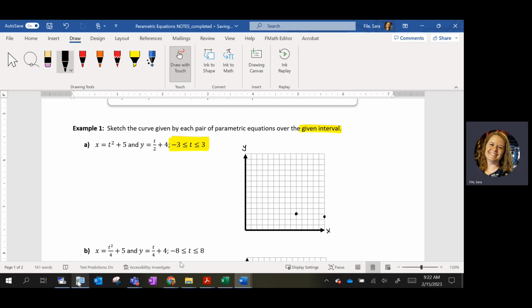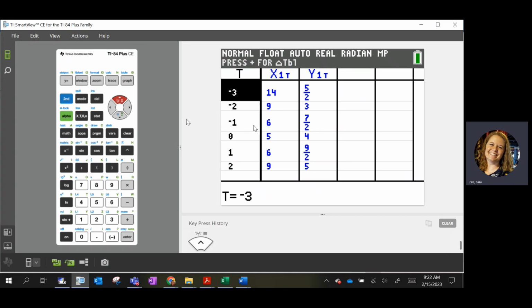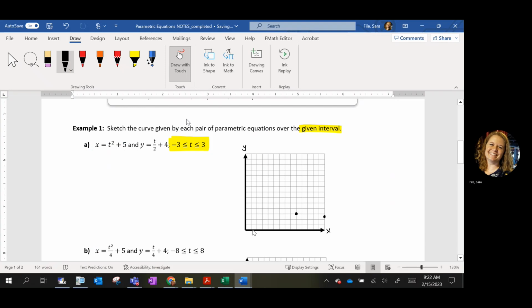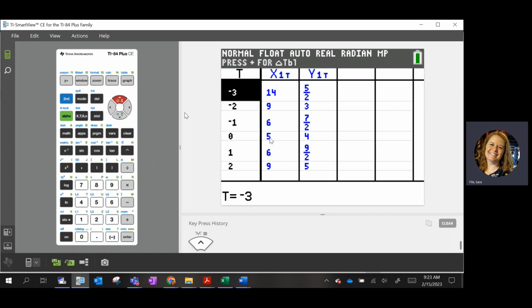And then the next point, when t is -1, is at 6, 7 halves. Okay, so that's 3.5, 6, 3.5. And then when t is 0, it's a 5, 4.